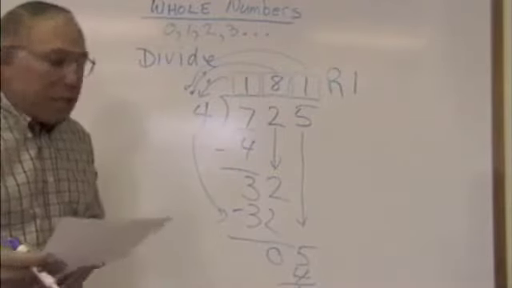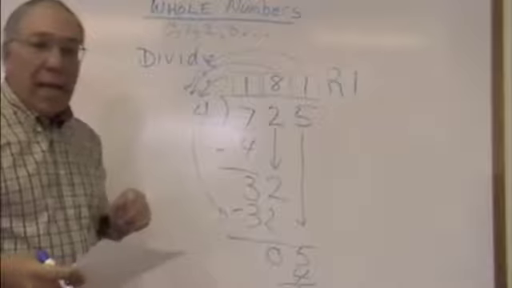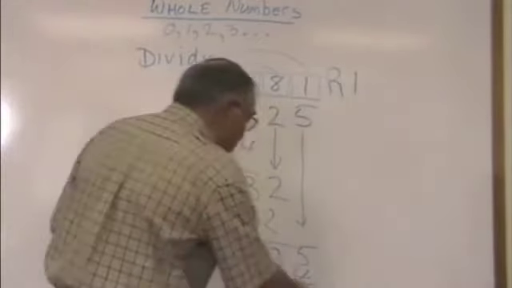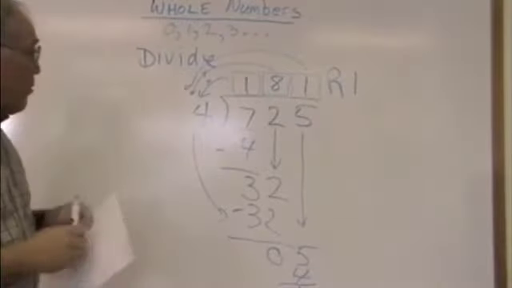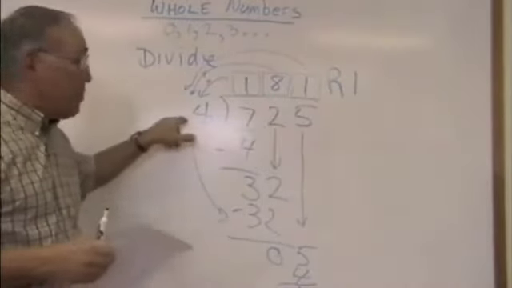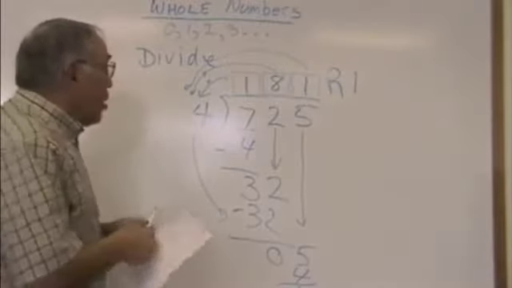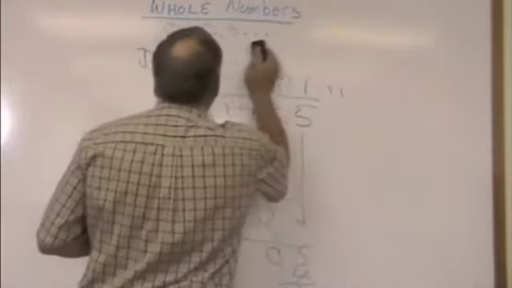Let's say though that this were money. If this were money and we really didn't want to just have $1 left over, we're dividing $725 among 4 people, and we wanted to break up that last dollar, we might do the problem like this.